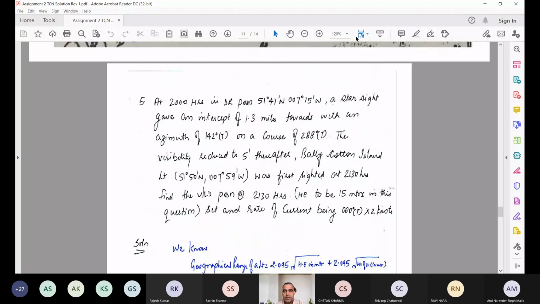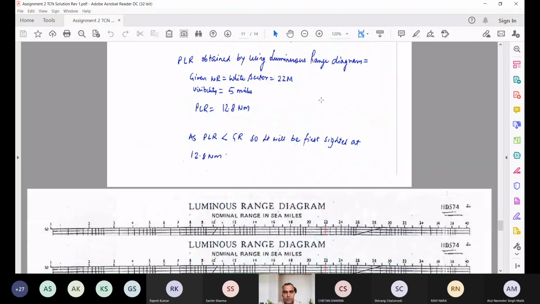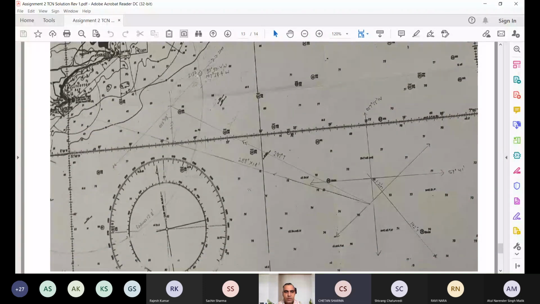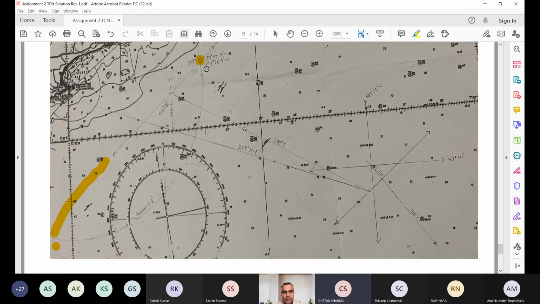This was the one, beta? Yes, sir. Okay. So basically you are talking of these two. One is this one. The second one is this one, right? Yes, sir. Okay.